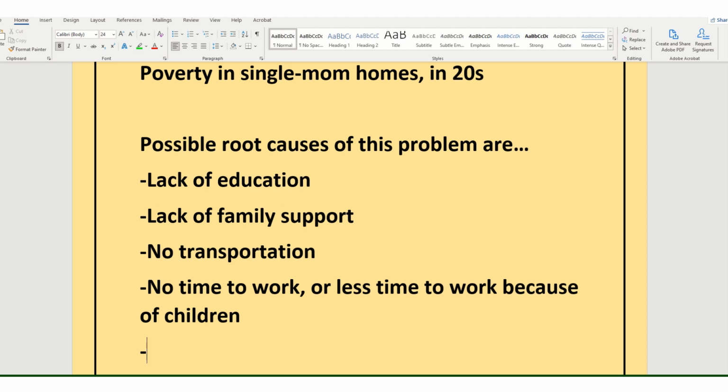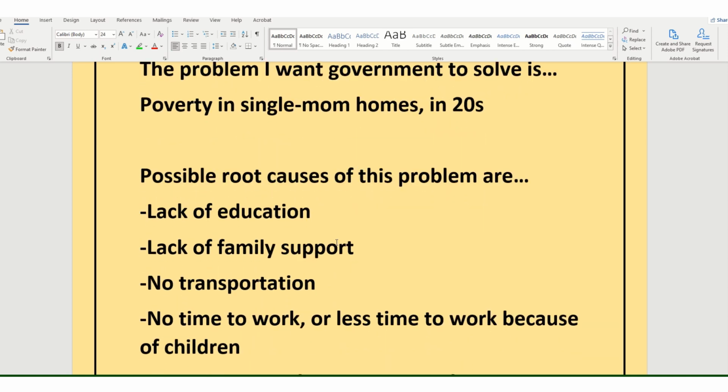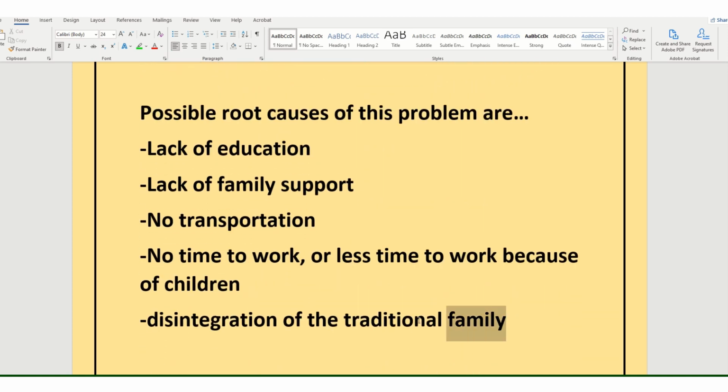Let's see, the disintegration of the traditional family. Now, this is a direction that a lot of folks feel uncomfortable going. But if you want to identify a real root cause of a problem, you might want to consider this. Even if you decide that that's not something that you want to target to try to fix, but I'm not saying you shouldn't, at least identify it.